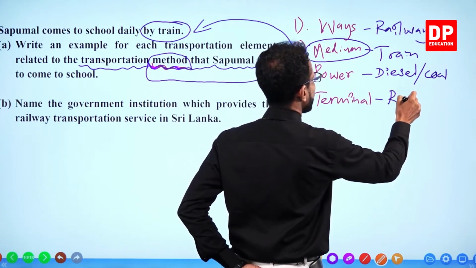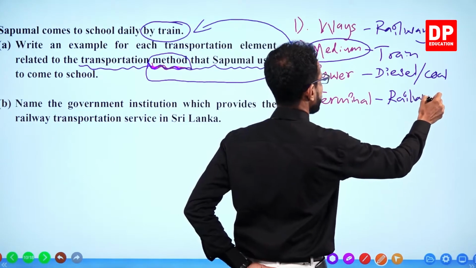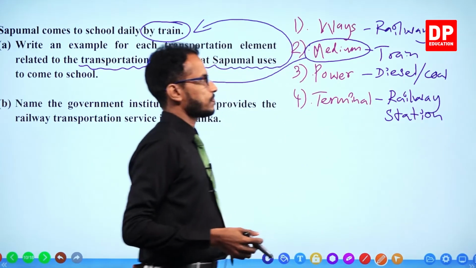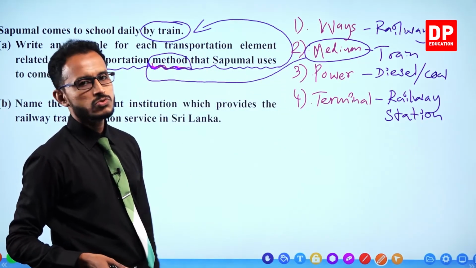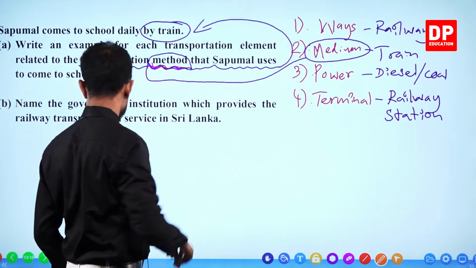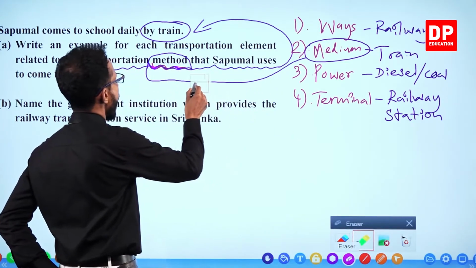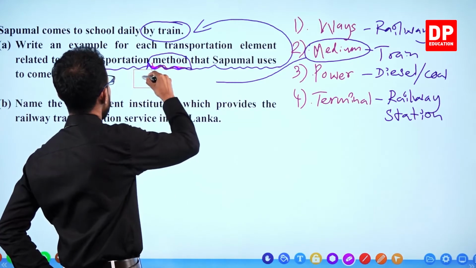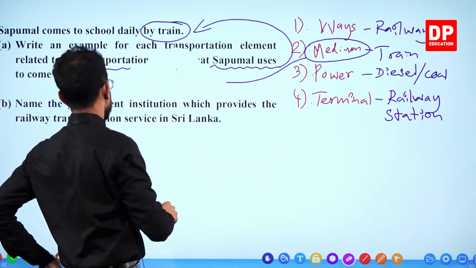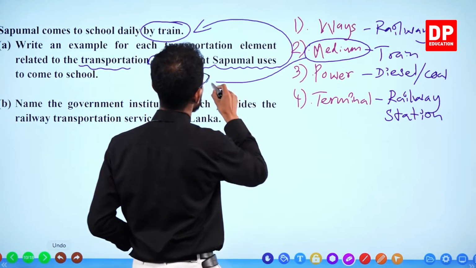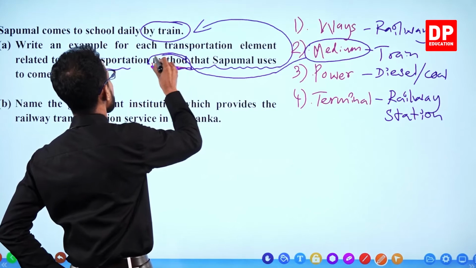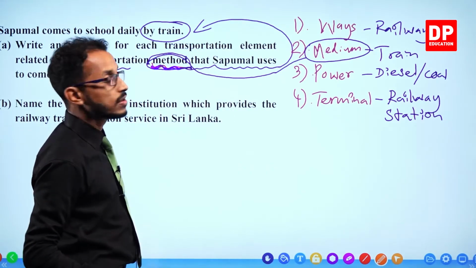Terminal, railway station. Railway station. The station. These are the elements of transportation. Medium is this. Okay, right.